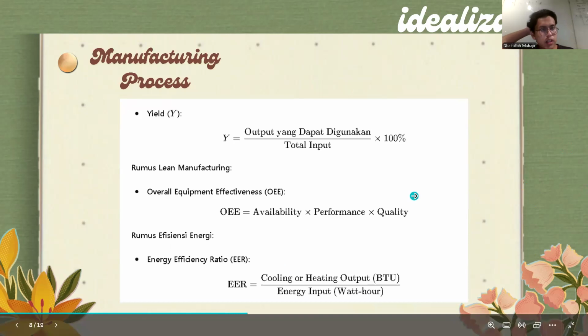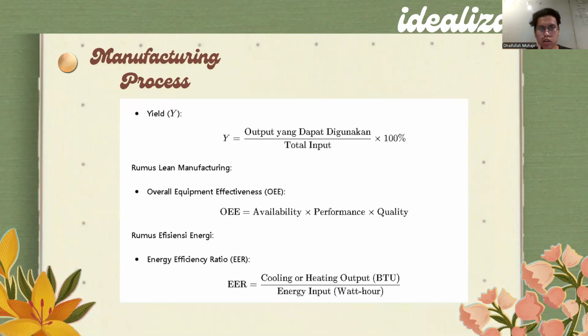And then we enter the formulas for the manufacturing process. These are three commonly used formulas in manufacturing. We have yield, calculated by output divided by total input times 100%.